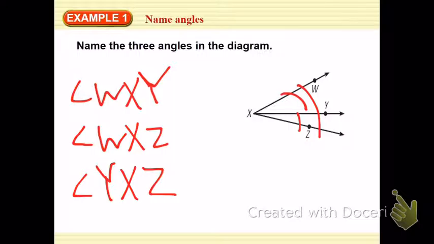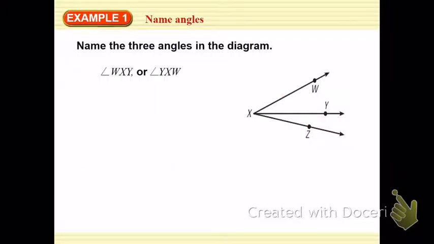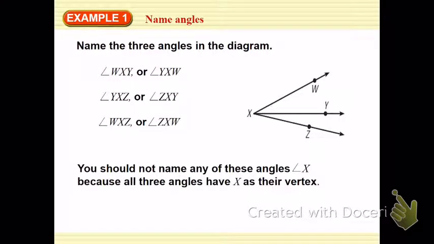It's just another name. WXZ and ZXY are the same thing. It'd be the big angle. All right. We should not name any of these angles angle X because all three angles have X as their vertex.